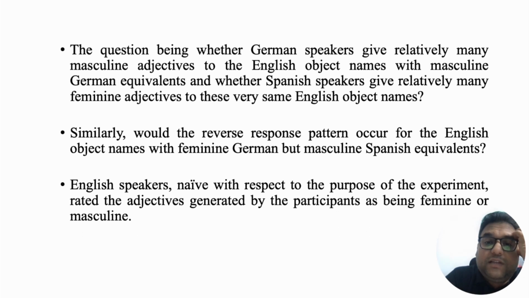So, the question became whether German speakers give relatively many masculine adjectives to the English object names with masculine German equivalents, and whether Spanish speakers give relatively many feminine adjectives to the very same English object names, because the gender marking is slightly opposite in German and Spanish, and it is almost neutral in English. So would this really happen? Would the reverse pattern occur for English object names with the feminine German but masculine Spanish equivalents?